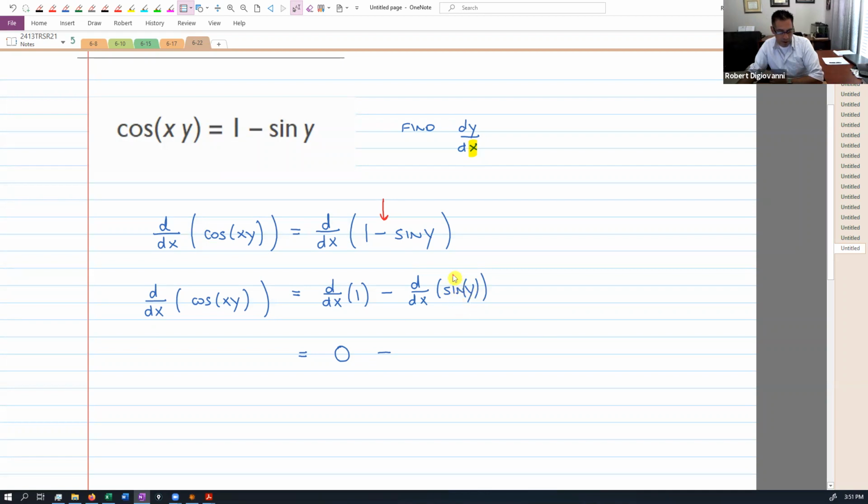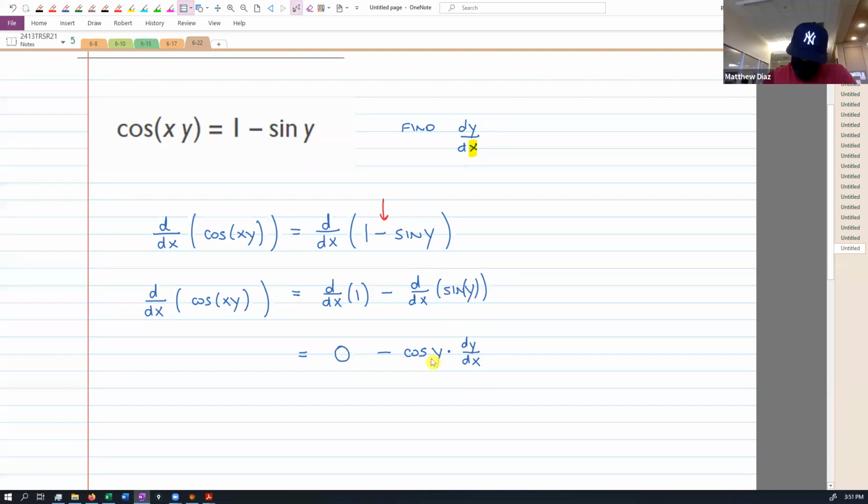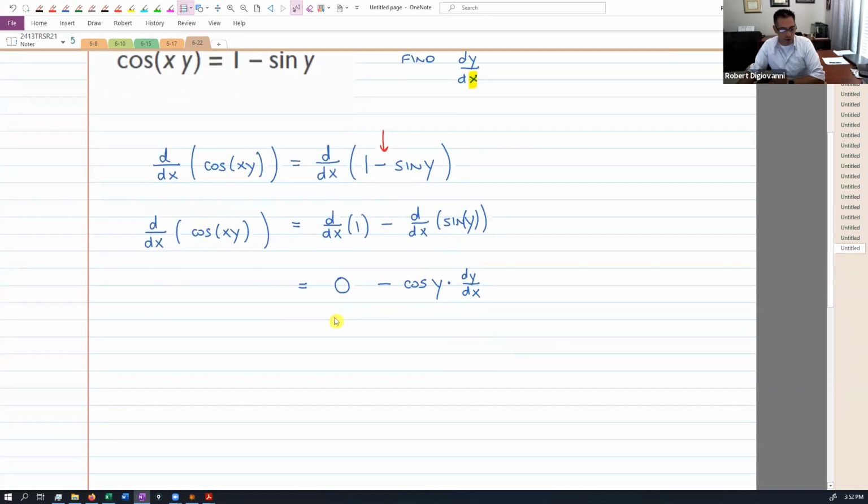So the derivative of sine of something, you said, would be cosine of y. But you've got to finish off the chain rule. What am I going to multiply that by now? Times dy over dx. Perfect. Does everyone see that? Derivative of sine of y is negative, no, not negative. The negative's from here. Derivative of sine of y is cosine of y dy dx.